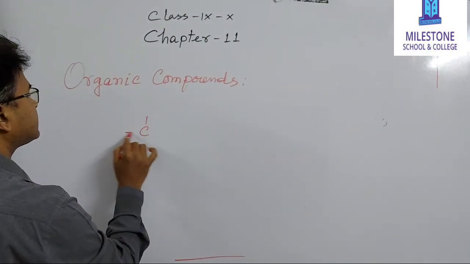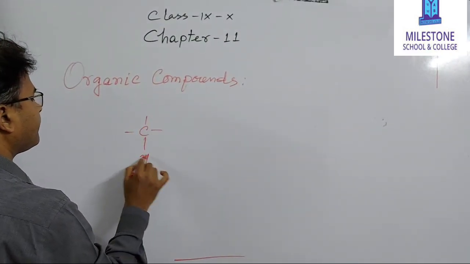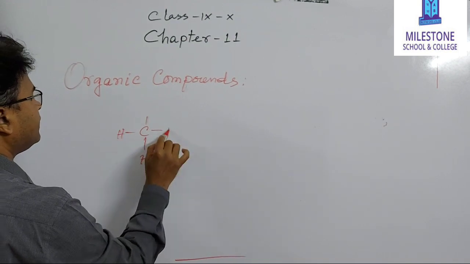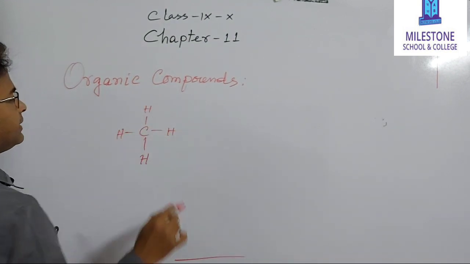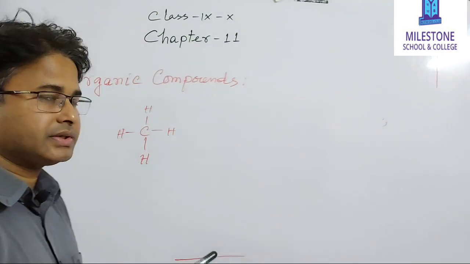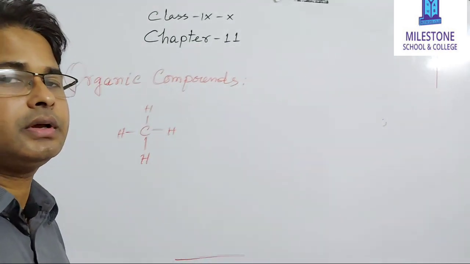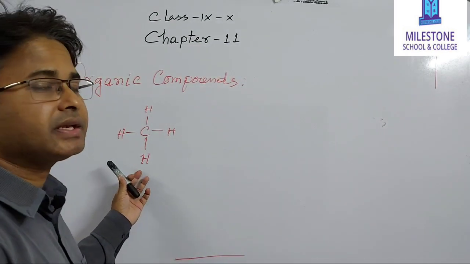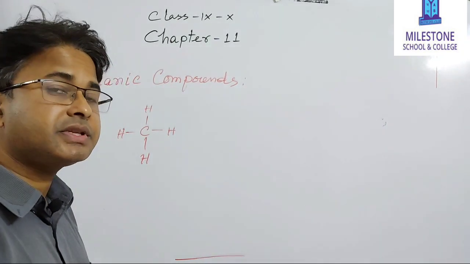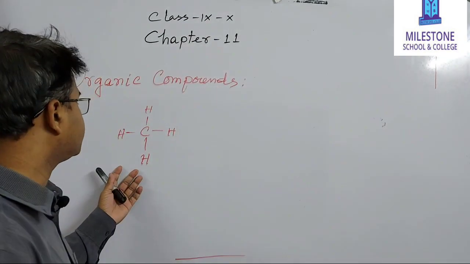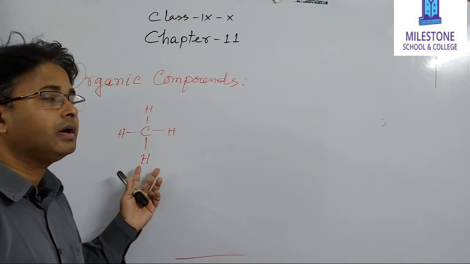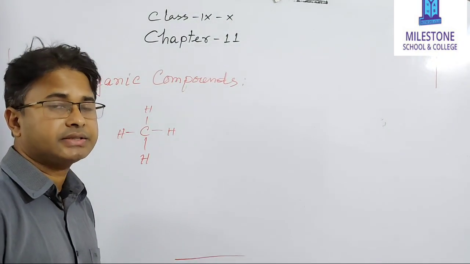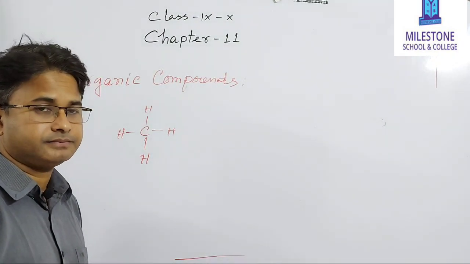This is methane. This is the structural formula of methane. I am sure that you understood that methane is a hydrocarbon because methane is formed by carbon and hydrogen only.